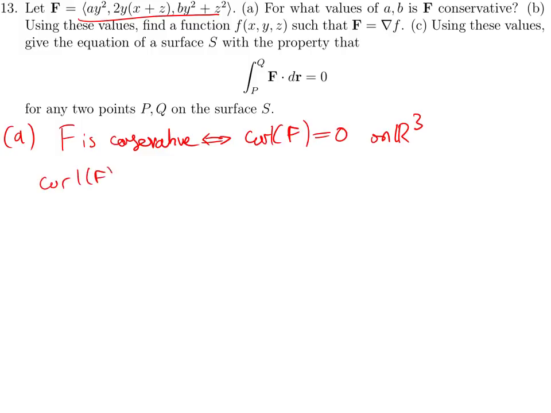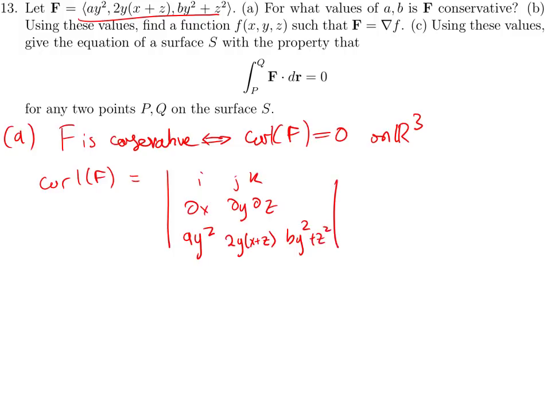What's the curl of f? We have this formula, and this is where the constants come in: ay squared, 2yz, and by squared plus c squared. Let's just do this component by component. The first component, with this determinant, you get 2by minus 2y.